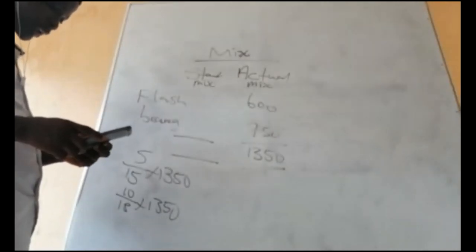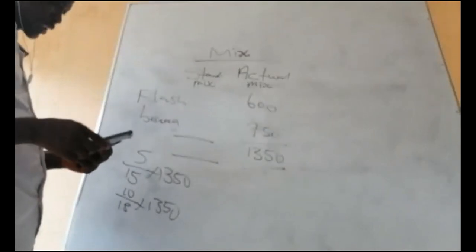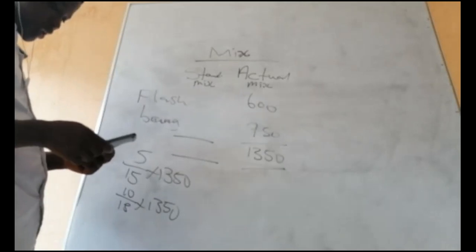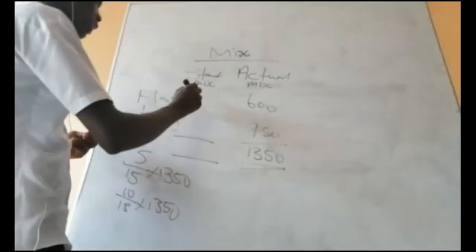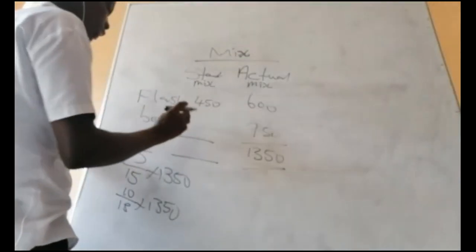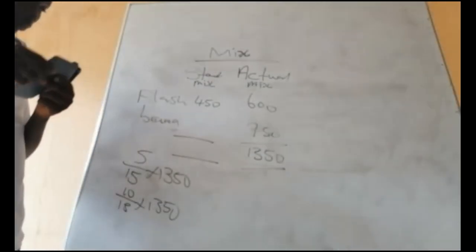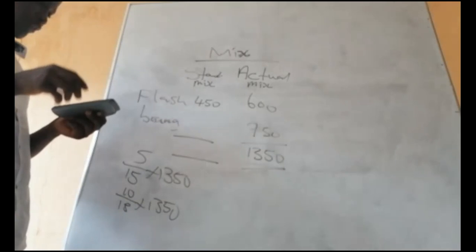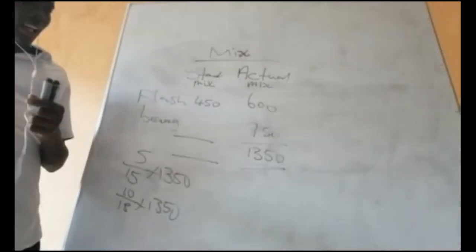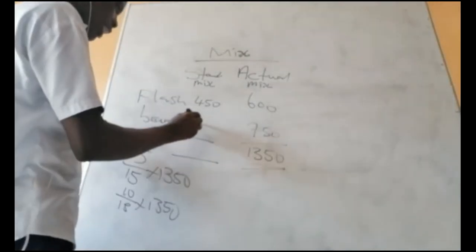In fact, you can use the 1:2. The first one is 450. And then the difference gives us 900. 450 times 2 is 900. Sum all this up, 1350.